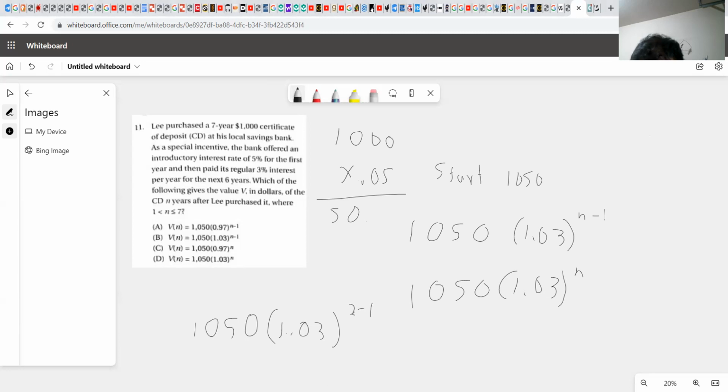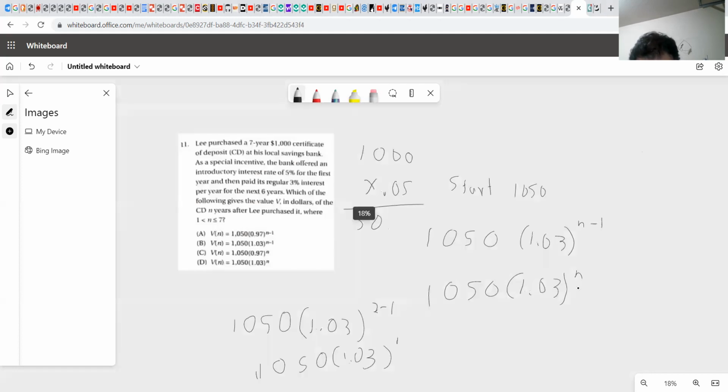And you get 1,050 times 1.03 to the 1. So after you put it into the account that's giving you 3% interest, after that you're going to make 3% interest. So this one makes sense, right?